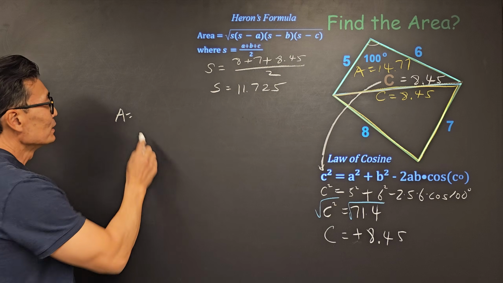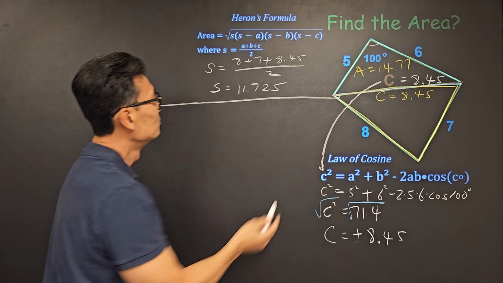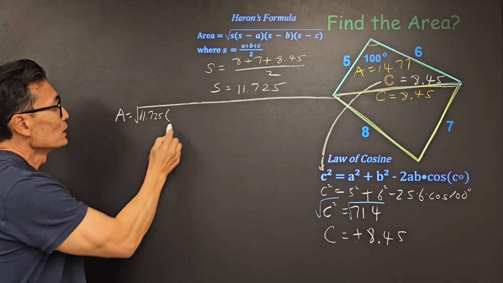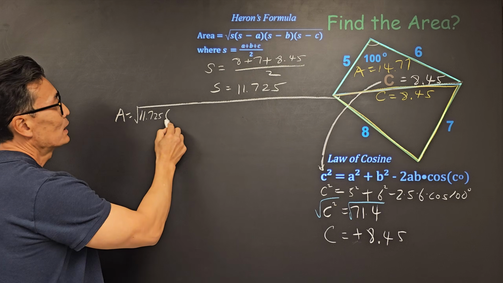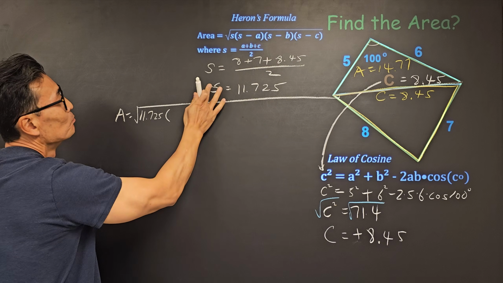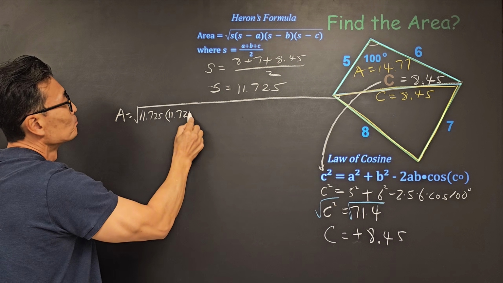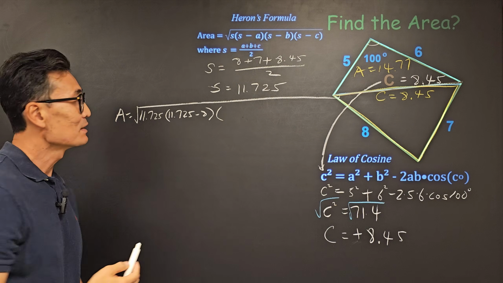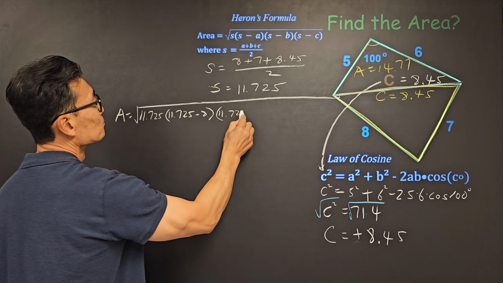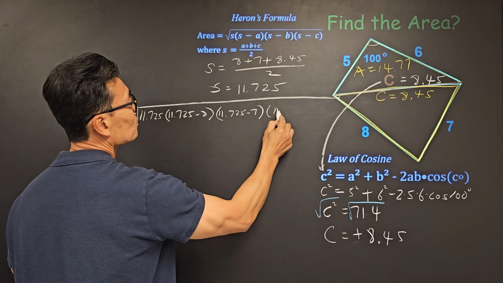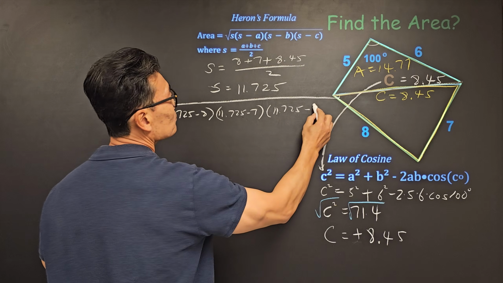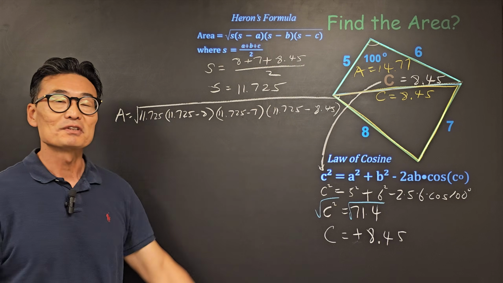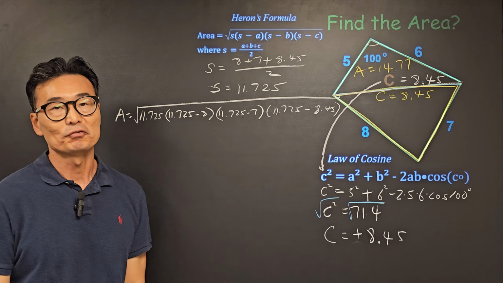Where the area will be the square root of, starting with the S, the 11.725 times S minus A, or 11.725 minus 8, where the third one is going to be 11.725 minus 8.45.